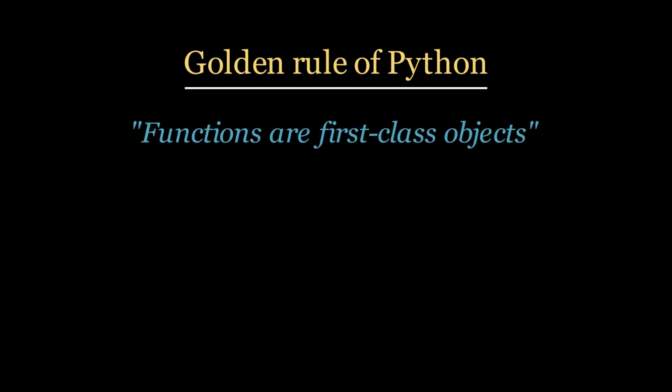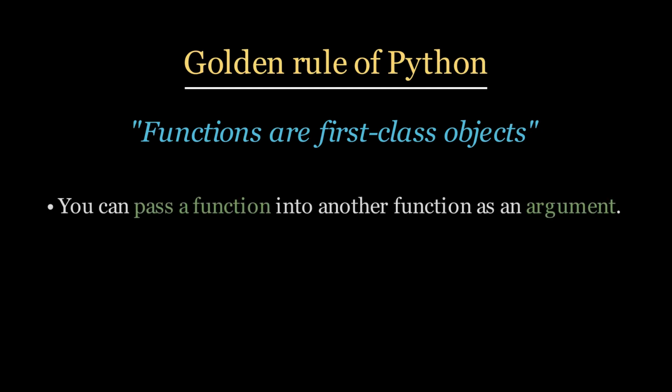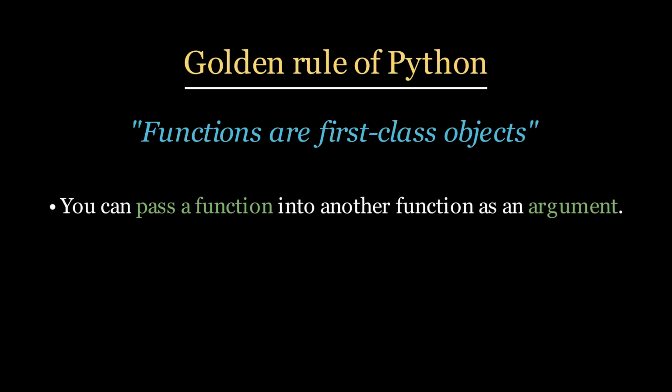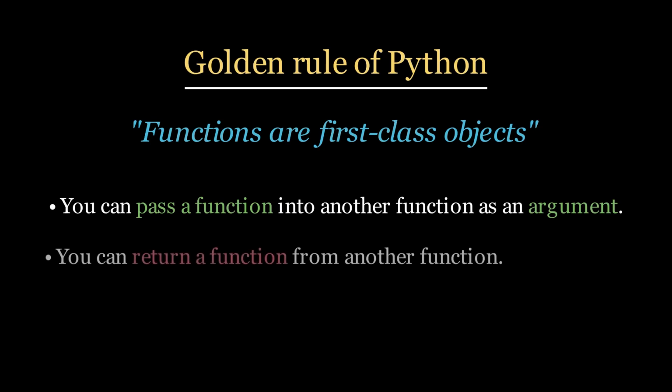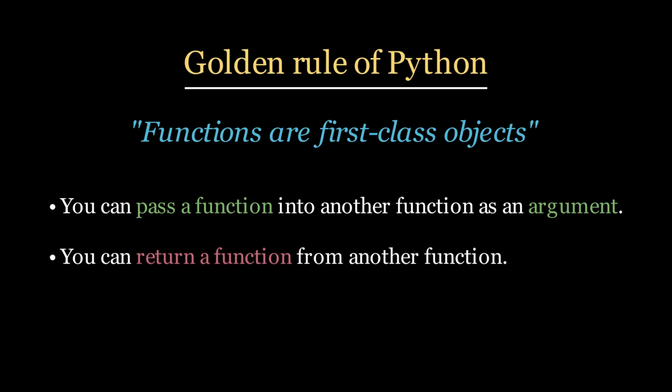Before we build a decorator, we need to understand one golden rule of Python. Functions are first class objects. What does that mean? It means functions in Python aren't just some invisible process. They are objects, just like strings, integers, or lists. And because they are objects, you can do two very important things with them.